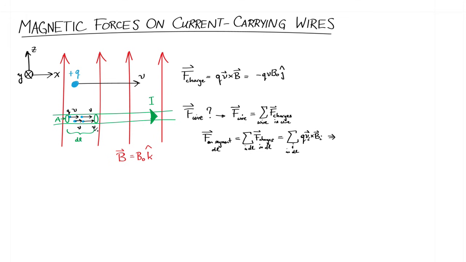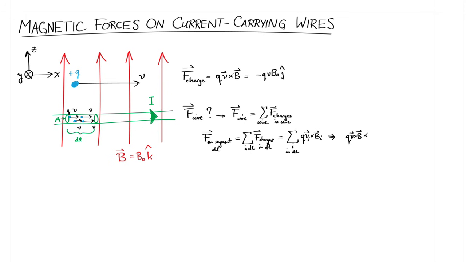But let's say DL is quite short, so the velocity for each one of these charges is going to be parallel. So in other words, I can just write this as Q V cross B, assuming that B is constant everywhere in the segment DL. V is going to be the same everywhere because this length is very short. Q is going to be the same for all of them.